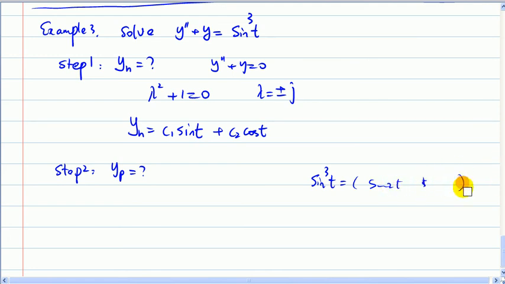I want you to take a look at the lecture tutorial notes. I'm not going to derive it here anymore. But basically sine t cube is equal to this.